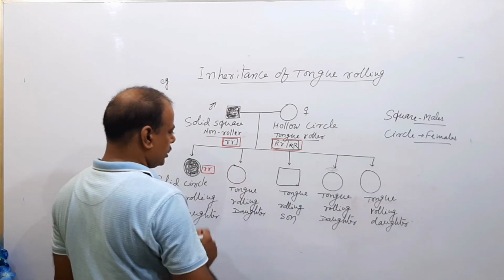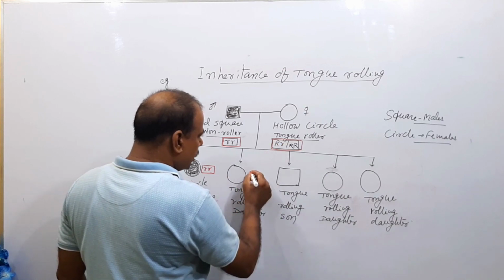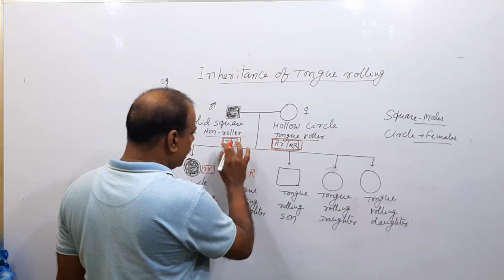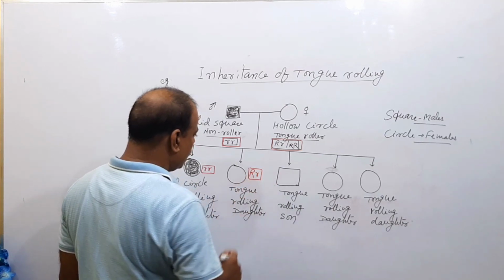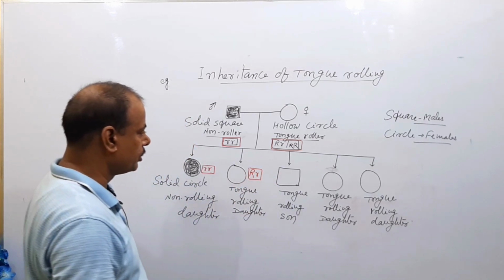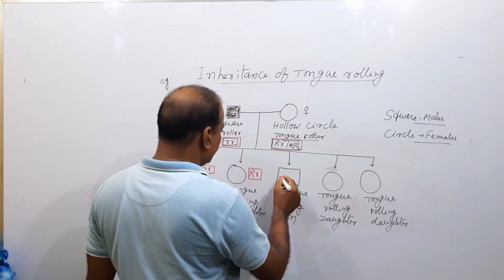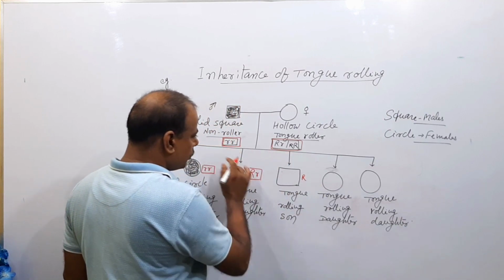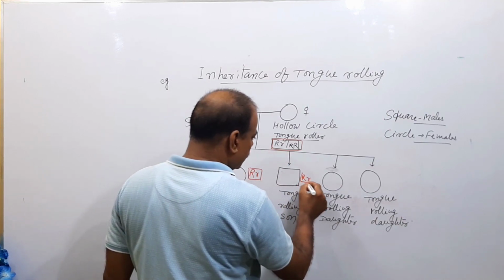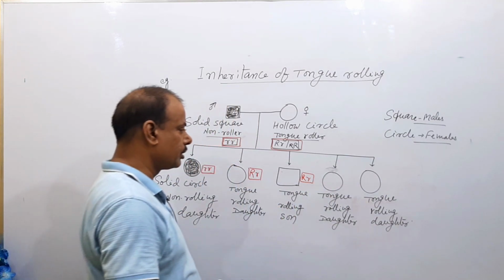In the second case, tongue rolling, here capital R comes from mother and small r from father, and therefore it is heterozygous dominant condition. In the third, which is the son, capital R comes from mother and small r comes from father, and again it is heterozygous dominant condition.